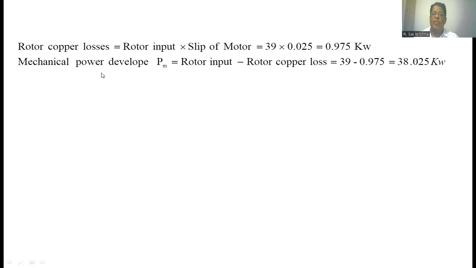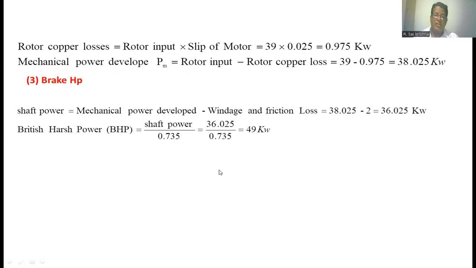The mechanical power developed in an induction motor equals rotor input power minus rotor copper loss, which is 39 minus 0.975 kilowatt, and we get 38.025 kilowatt. Whenever you are going to find the British horsepower, you should know how much power is available at the shaft.